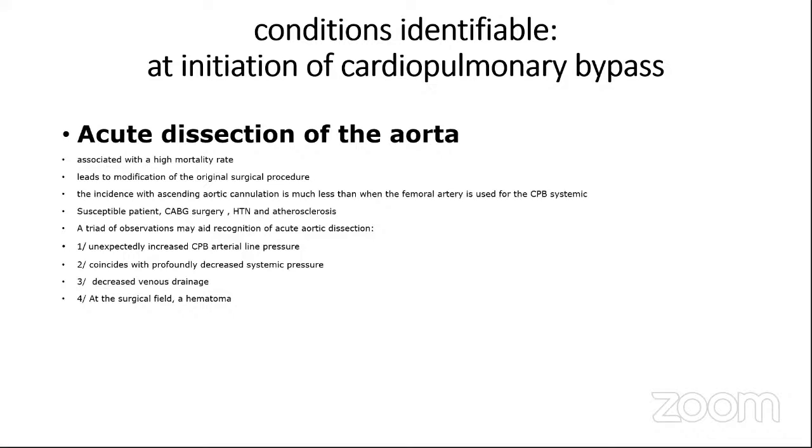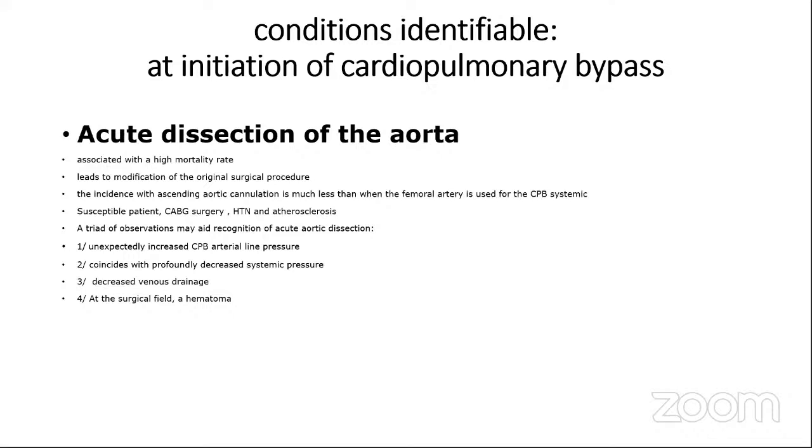The incidence of ascending aorta cannulation is less if you compare it to the femoral artery in the form of dissection. And susceptible patients are especially those going for CABG who have atherosclerosis and hypertension.